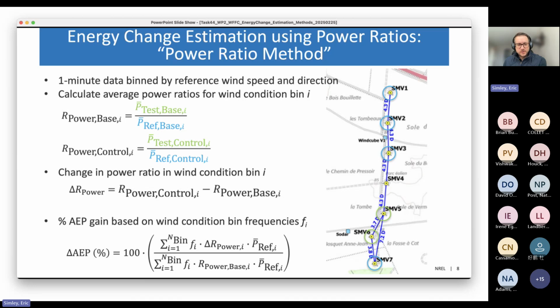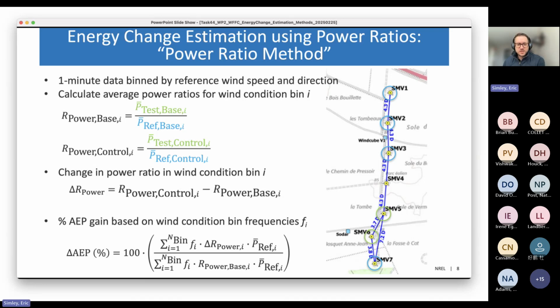So in the numerator, we're summing over all wind condition bins the frequency of occurrence of that wind condition, multiplied by the change in the power ratio, how much the power ratio changed when we have wake steering control compared to baseline control.